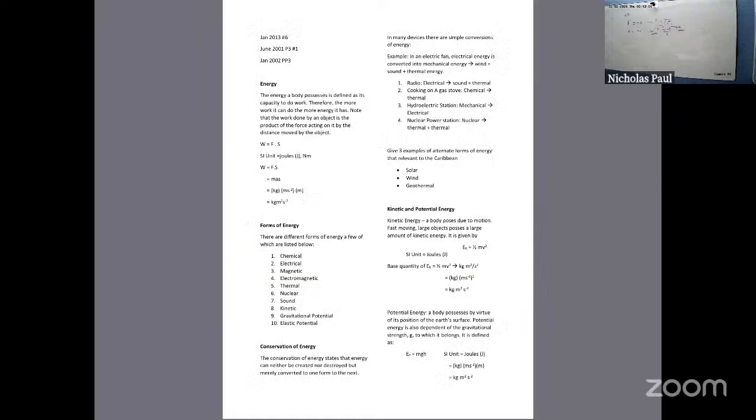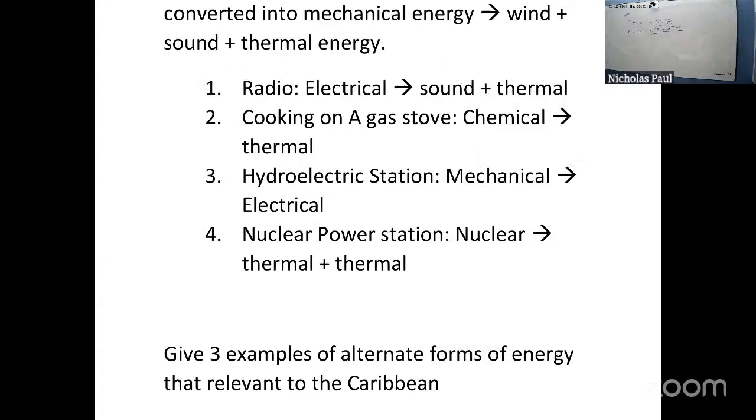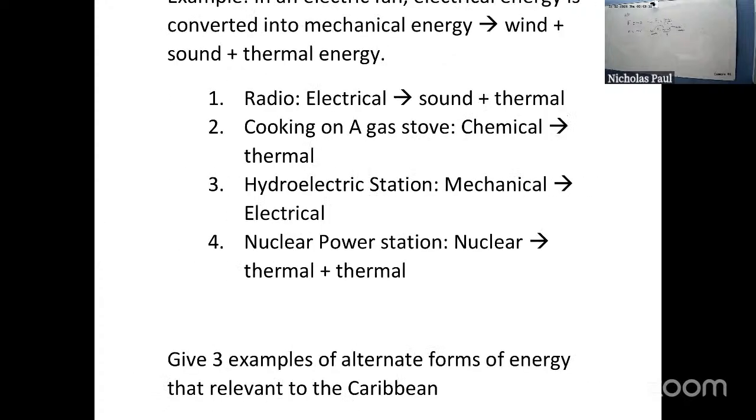Look, there are four more examples here. A radio takes electrical energy and gives you sound and thermal. If you cook on a gas stove, chemical energy is converted into thermal.